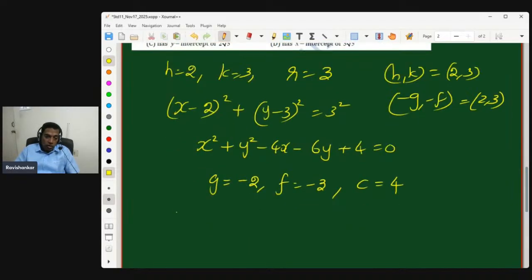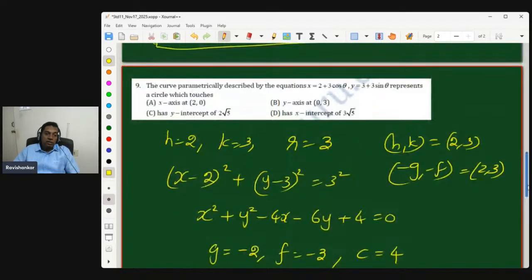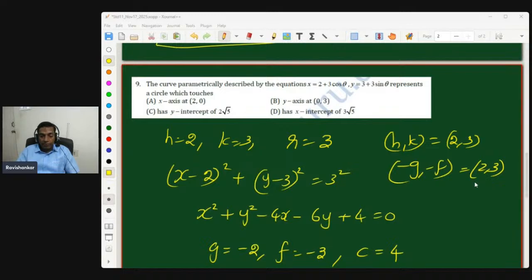So we know if g squared is equal to c, we saw it in the theory. Did I give it in the theory? Just give me a moment.